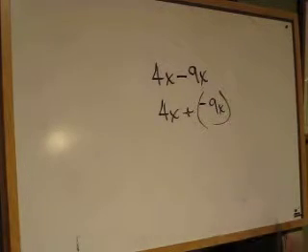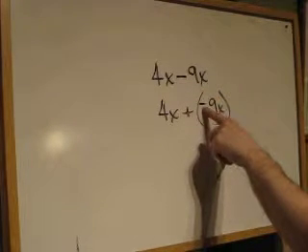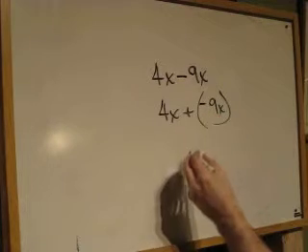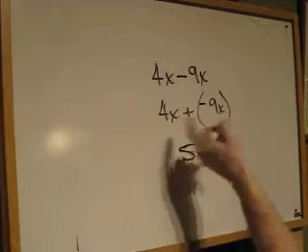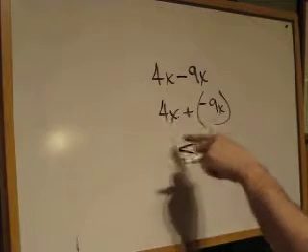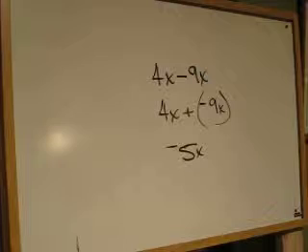Remember doing that? Change our minus to a plus and put the negative on the 9. And then the difference between 9 and 4 is 5x. You know, just like the quarters again. And then the sign of the largest number, the 9, goes on the problem. And it gives us negative 5x, and that's what they want you to do for those problems.